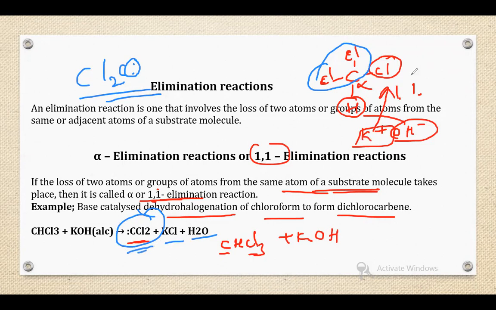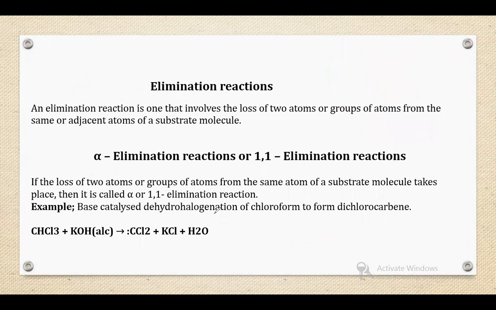This is what we call 1,1 elimination. Understand properly why it is 1,1: the hydrogen and halogen from the same alpha carbon get eliminated. So that is alpha elimination or 1,1 elimination.